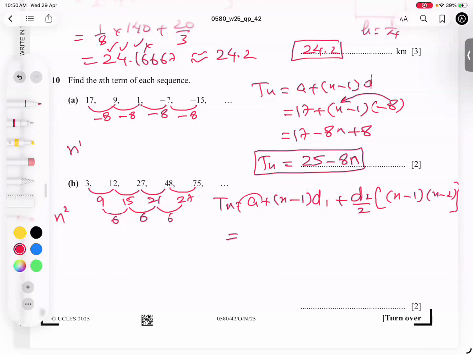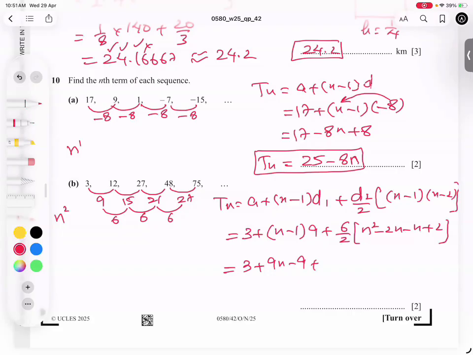And the first term remains the same, 3 will not change at all. So I'm writing now this way: (n minus 1) into d1 is 9, and here 6. Here I'm multiplying n into n is n squared, negative 2n, negative n plus 2. So students, this 9 multiply inside, 9n minus 9, and here 3 outside. Here I got n squared minus 3n plus 2.